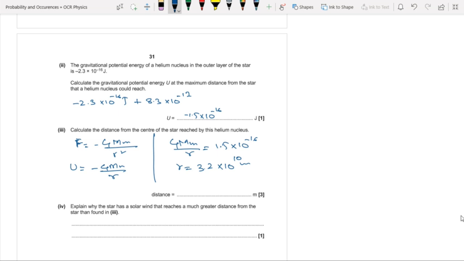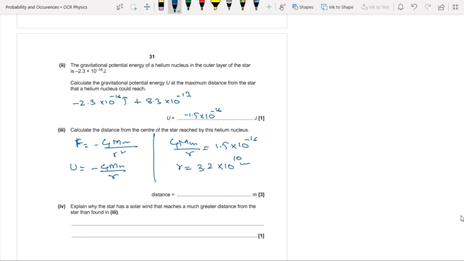All right, explain why the star has a solar wind that reaches a much greater distance from the star than found in part 3. Well, our main assumption was that we assumed an ideal gas, and in that assumption, each particle of the solar flare has the same mean kinetic energy. In actuality, obviously, there is a distribution, the Boltzmann distribution, that different particles tend to follow.